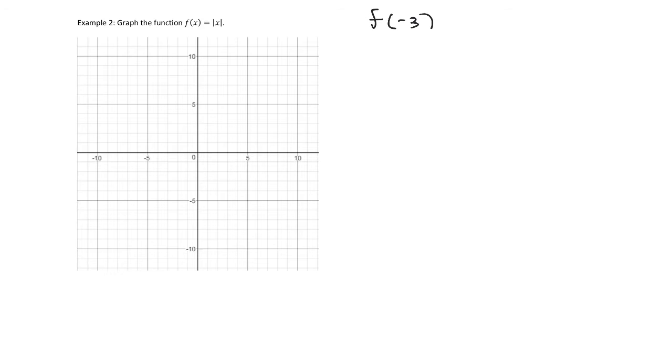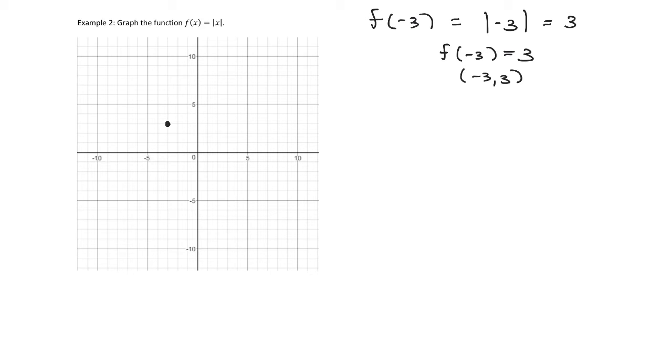So let's see. This is asking what is happening at x is equal to -3. If you put -3 into the absolute value, it changes it to +3. This is f of -3 is equal to 3. Said another way, this is the point -3, 3. So let's plot that. At -3, you get 3.